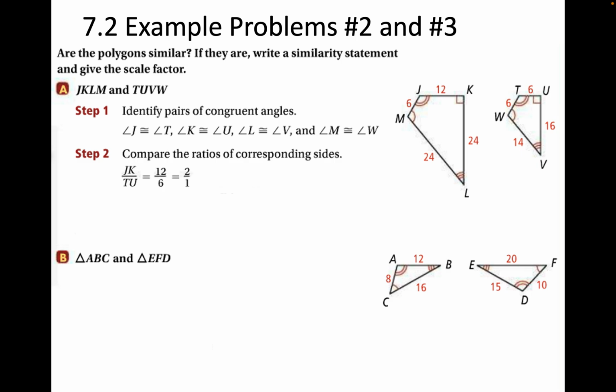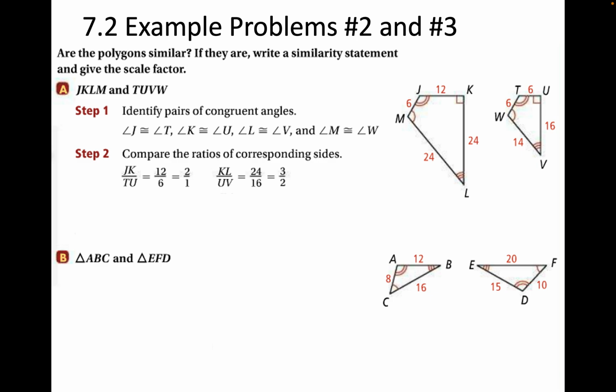The first one, the one up top, JK to TU, is 12 to 6, or 2 to 1. So if these quadrilaterals are similar, then the ratio of all of their corresponding sides is going to be in that same ratio of 2 to 1. But when we look, we see that that isn't the case.